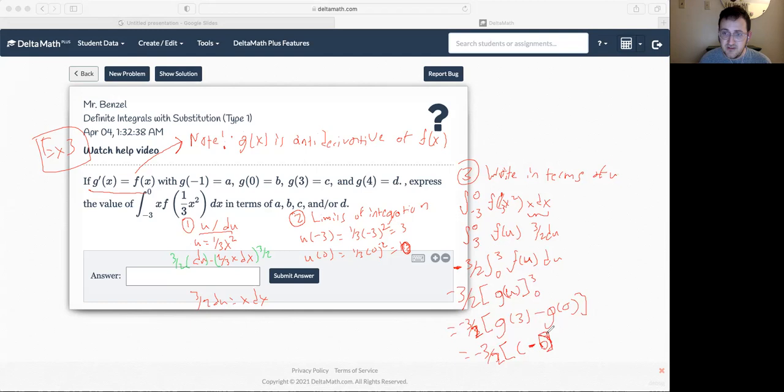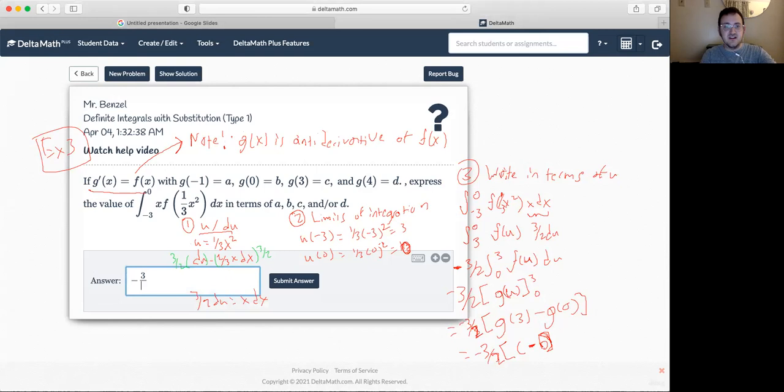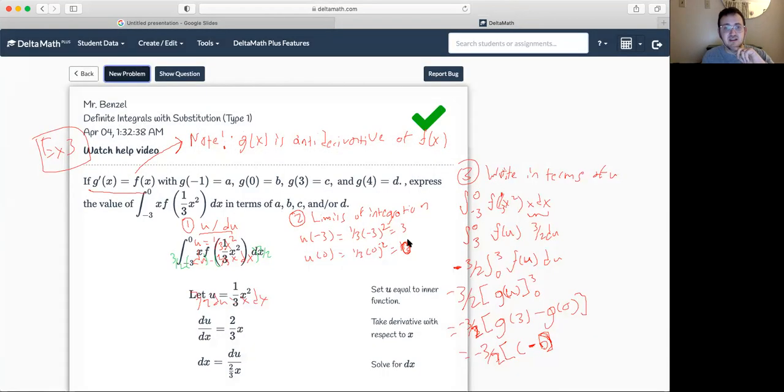And this is an expression in terms of a, b, c, or d. So I'm just going to put that in. So I got negative 3/2 times c minus b. We'll submit the answer, and we are good.